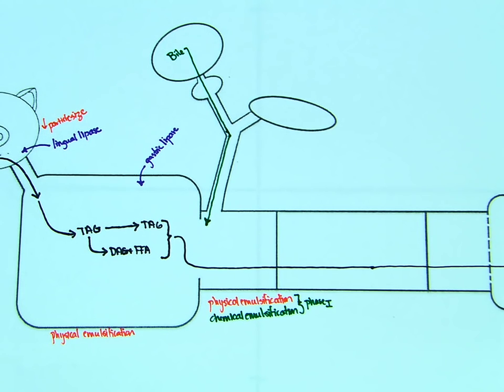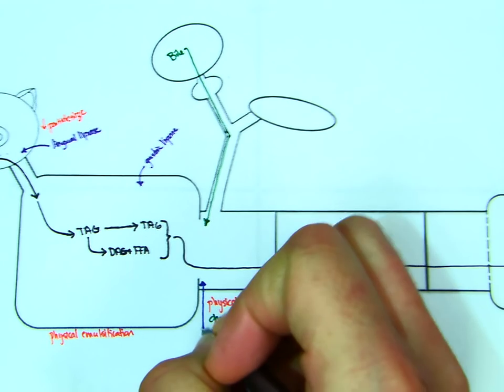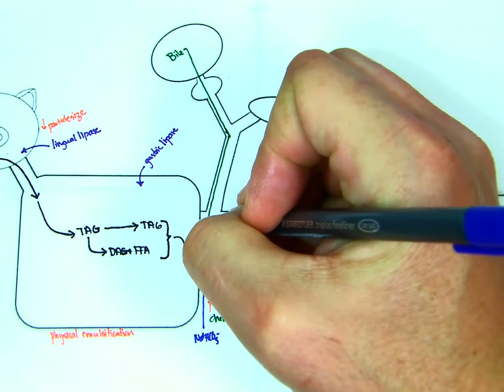We have the addition of buffer to raise the pH from both the small intestine and the pancreas.